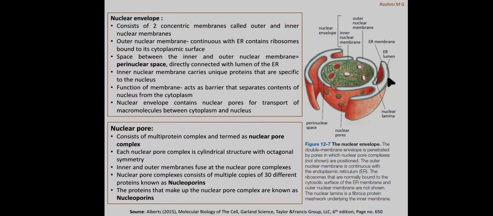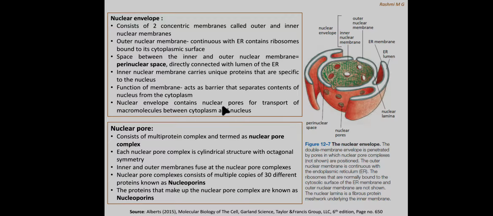The space between the outer and inner nuclear membrane is known as the perinuclear space, or we can say internuclear space. The inner nuclear membrane carries unique proteins that are specific to the nucleus. The function of the membrane is that it acts as a barrier that separates the contents of the nucleus from the cytoplasm.